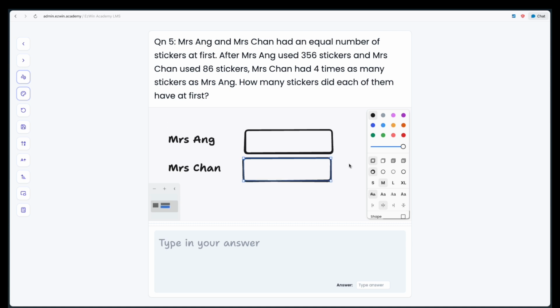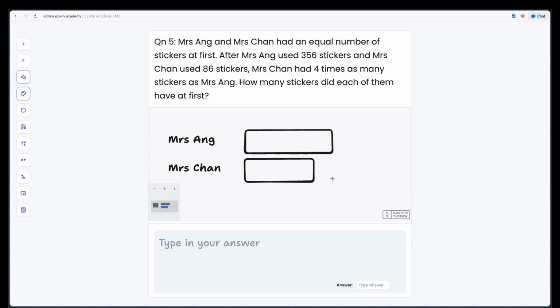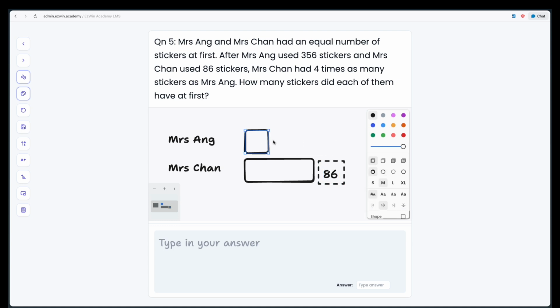Now, the next thing is, after Mrs. Ang used 356 and Mrs. Chan used 86. So I'm just going to make this a little bit smaller. This one over here is 86, so I'm going to put here 86. And then Mrs. Ang used 356, so it's a lot more. That's what I see over here.